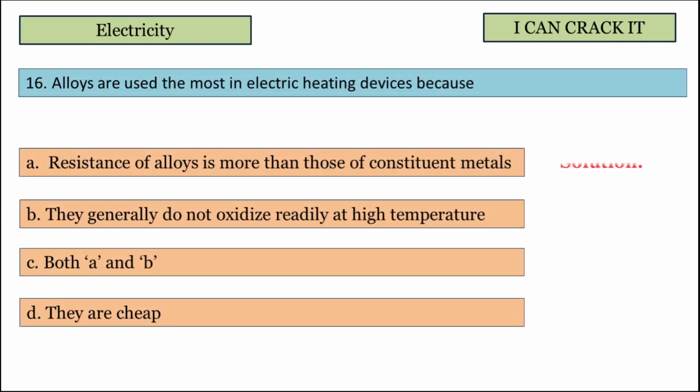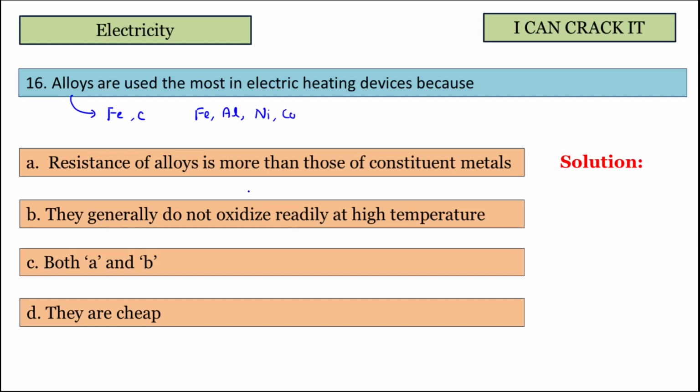Now let's see the next question. Alloys are used the most in the electric heating devices because what are alloys? The mixture of two or more metals or non-metals. For example, steel. Steel is made up of iron and carbon. And alnico is made up of iron, aluminium, nickel and cobalt.